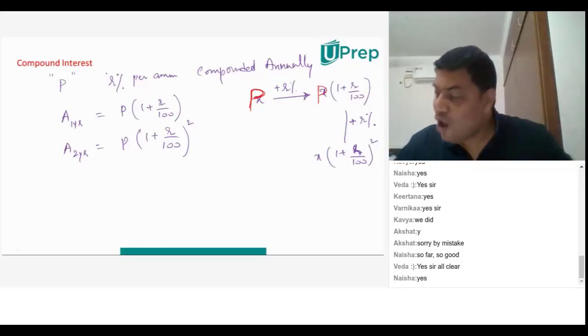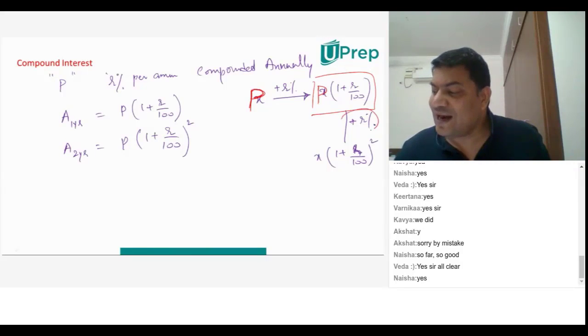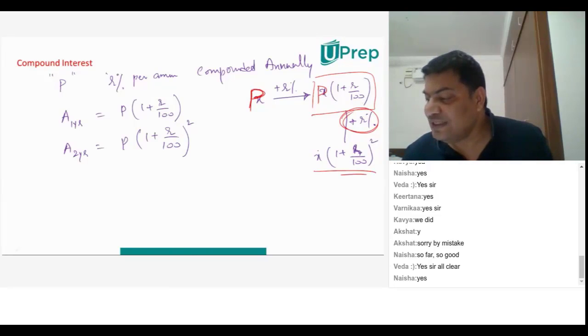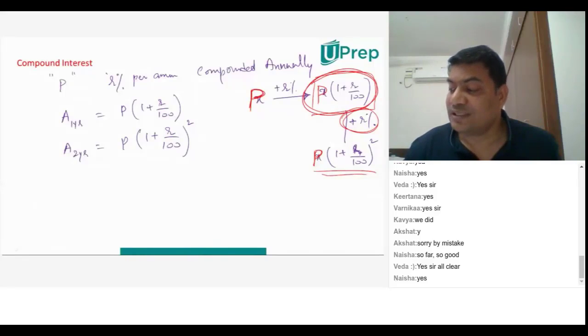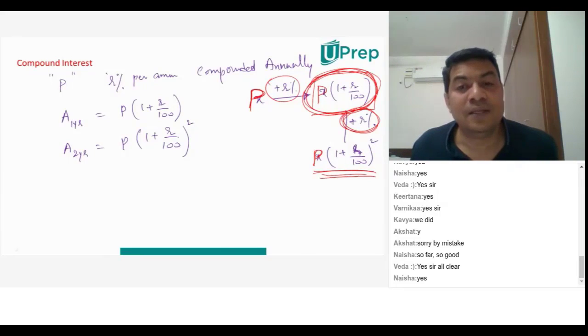Compound interest is that on this new principal, you're once again earning R%. Therefore, the value that comes out is the amount at the end of 2 years, because you are compounding on this. You're earning R% in the first year and once again R% on the entire principal at the end of the second year. So that's the reason it becomes P into 1 plus R by 100 whole square.